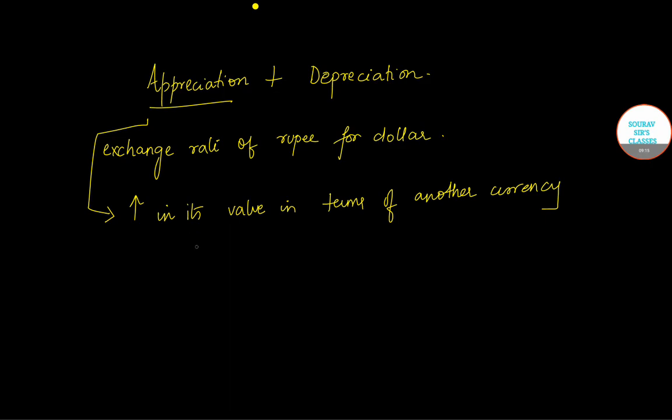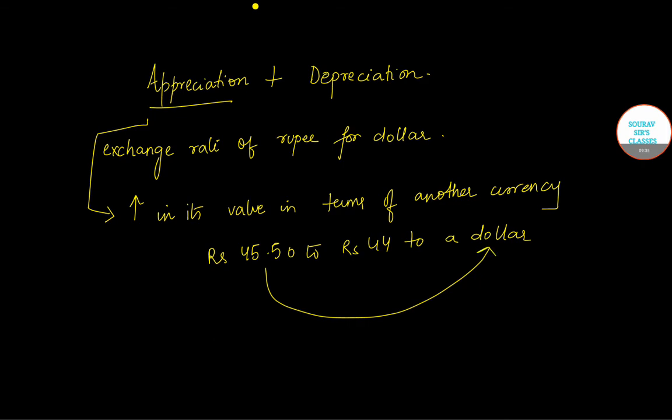So say if the value of the rupee in terms of US dollar increases from rupees 45.50 to say rupees 44 to a dollar, what does it mean? It means earlier you needed to pay 45 rupees 50 paise to get hold of $1. Now you need to pay rupees 44 to get hold of the same $1. So you need to pay less.